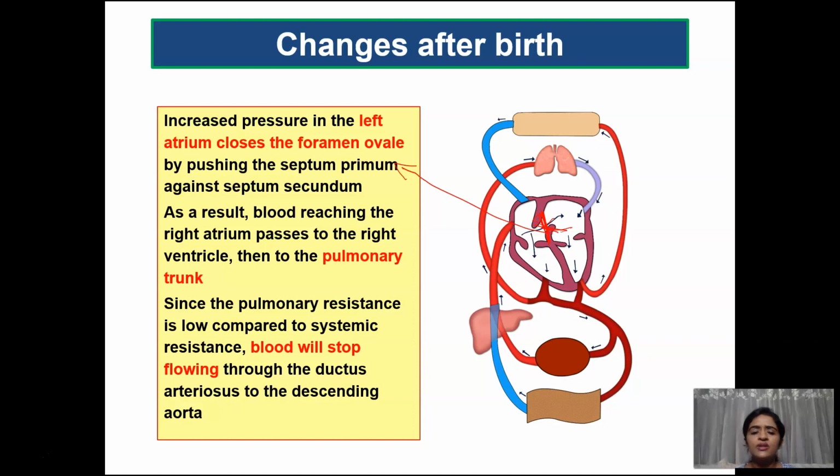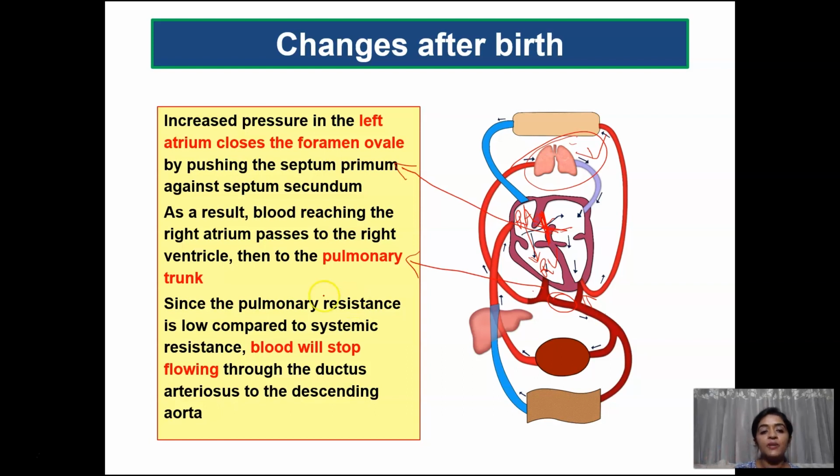So when the foramen ovale is closed, what will be the fate of blood in the right atrium? It will pass to the right ventricle, and ultimately it will enter into the pulmonary trunk. So since the pulmonary resistance is low compared to the systemic resistance, what happens here? There will be increased pressure in the aorta when you compare it with the pulmonary system, whereas in the beginning the pulmonary resistance is higher when there is no air entry into the lungs.